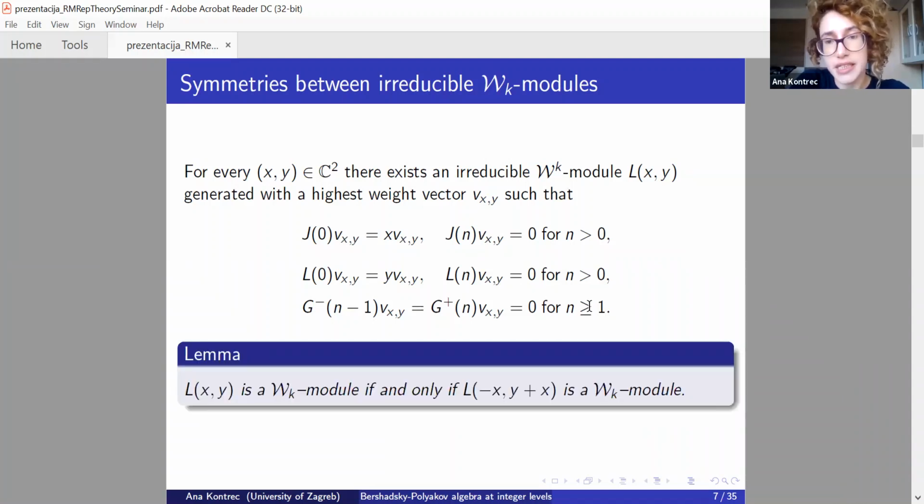And we will exploit a few nice symmetries between irreducible modules. So here we have one of them, basically using the theory of contragredient modules. We see that L(x,y) is a module if and only if L(-6-y, x) is a module. We will later also use another symmetry using the so-called spectral flow automorphisms.